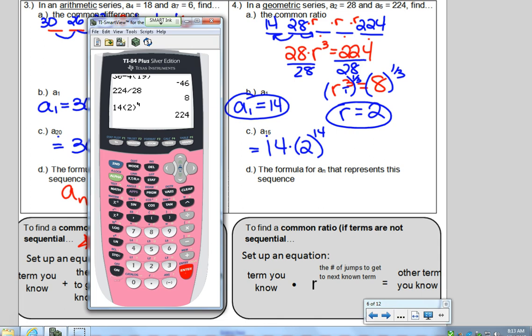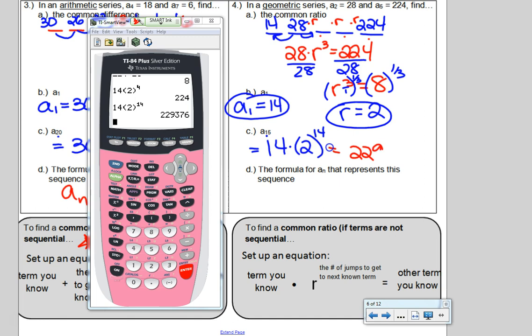Oops, I'm sorry, I did 4 instead of 14. And lastly, our formula, a sub n. A sub n is 14 times 2, and the number of 2's is n minus 1.